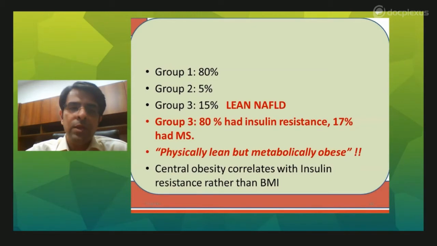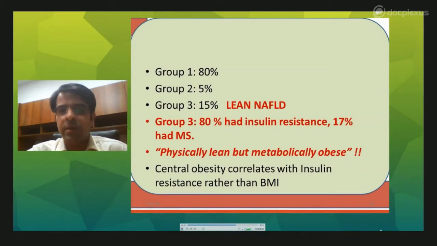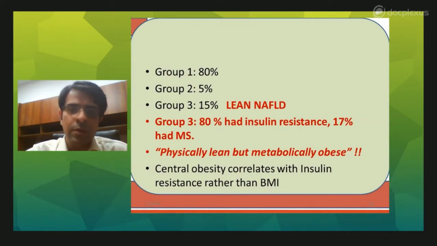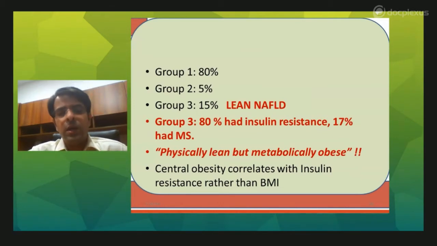And surprisingly, 80% of group three had insulin resistance and 17% had metabolic syndrome. I don't have any explanation for this observation, but these patients are probably physically lean and metabolically obese. And the prognosis of these patients, how they behave, and what should be the goal of treatment in these patients is not yet fully established.